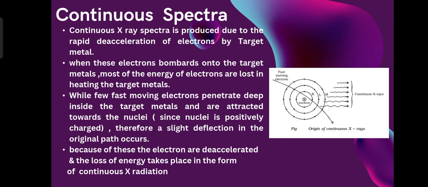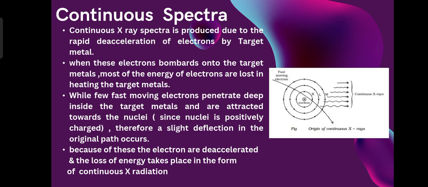We know that because the anode is supplied with a potential, the electrons get accelerated. Now when these fast moving electrons bombard, upon bombardment, this anode contains target metals, and metals consist of atoms. Numerous atoms are present.